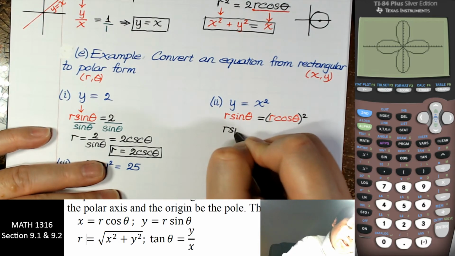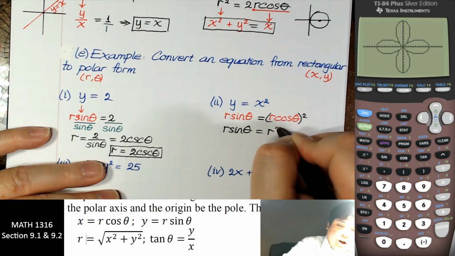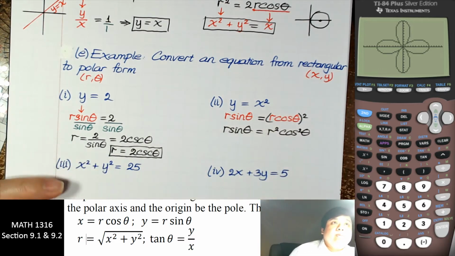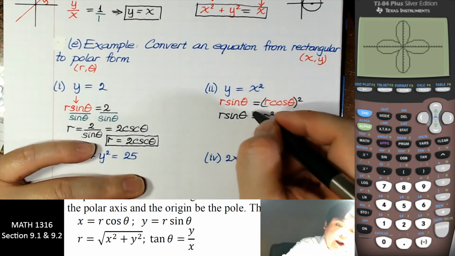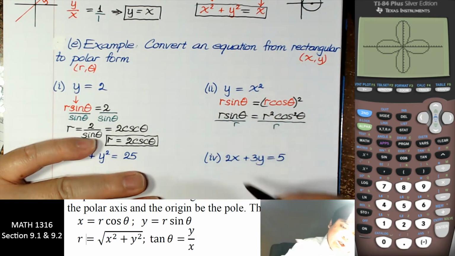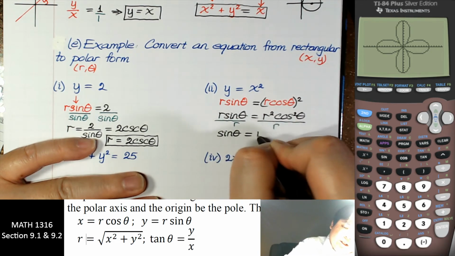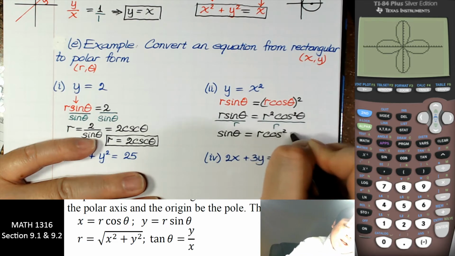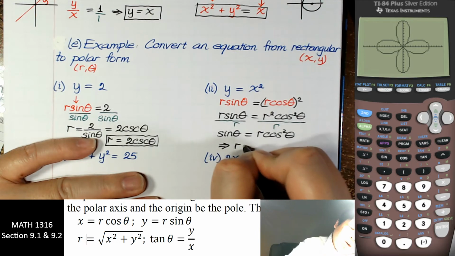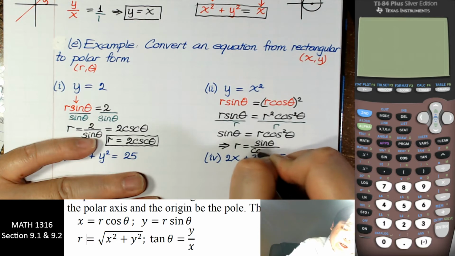So r sine theta equals r squared cosine squared theta. Both of them have r on one side, so let's divide by r. So we have sine theta equal to, cancel out, r cosine squared of theta, and divide by cosine squared on both sides. We have r equal to sine divided by cosine squared.